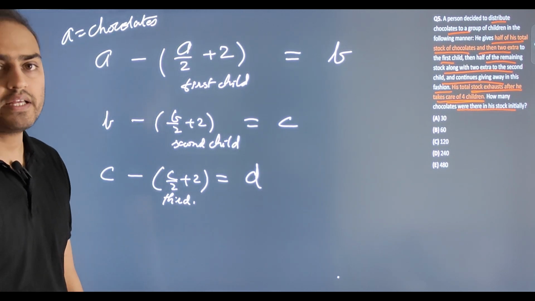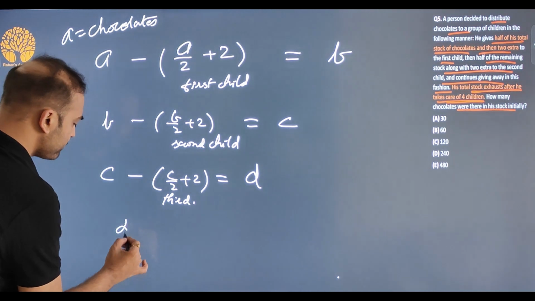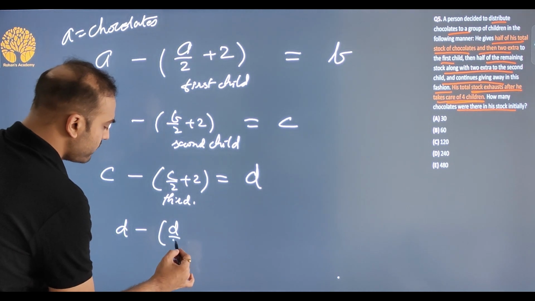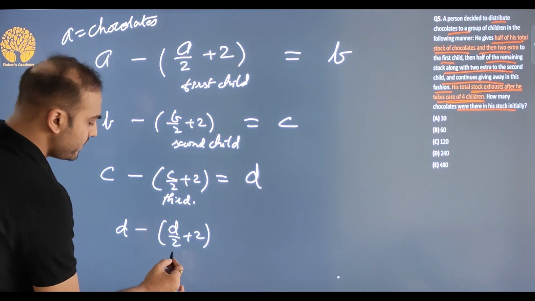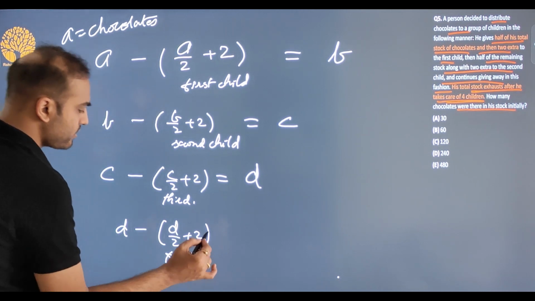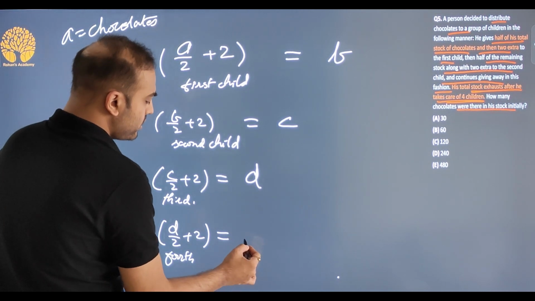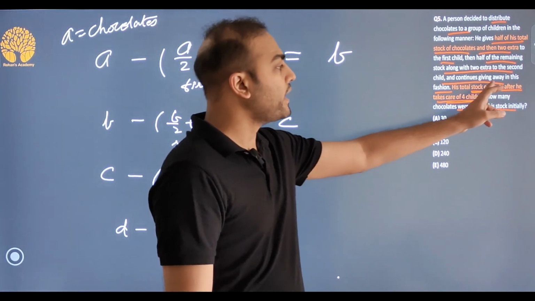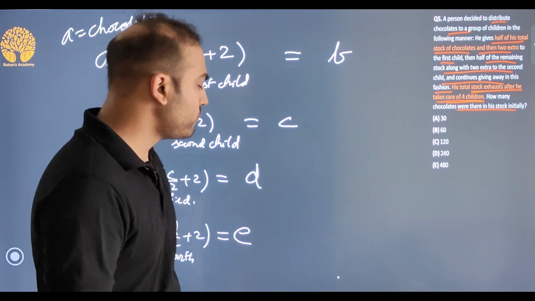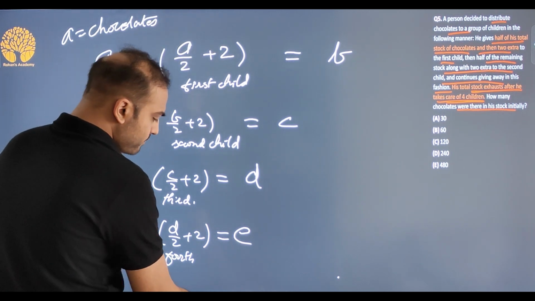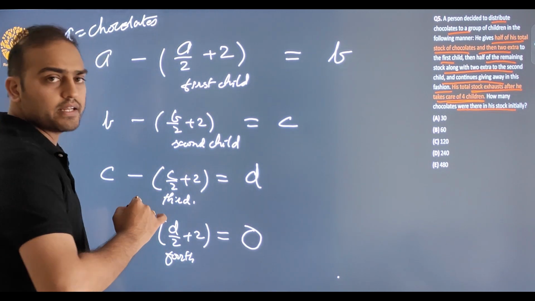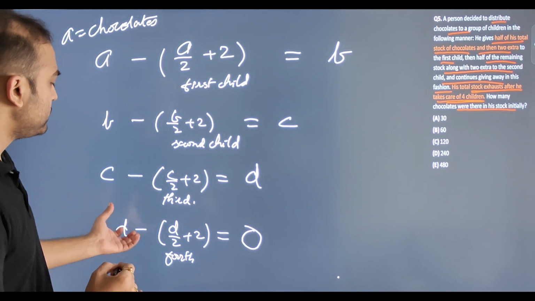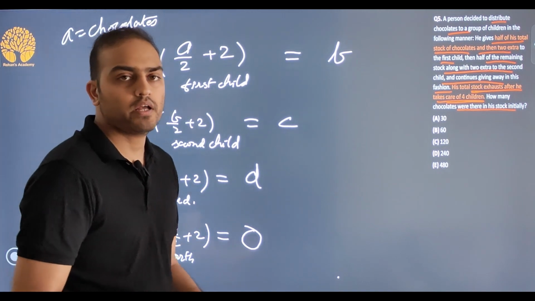He will be left with D chocolates. D, he will give D by 2 plus 2 to the fourth child, right? And now he will be left with E. But we know his stock exhausts after he takes care of 4 children. So essentially, he does not have anything left, right?